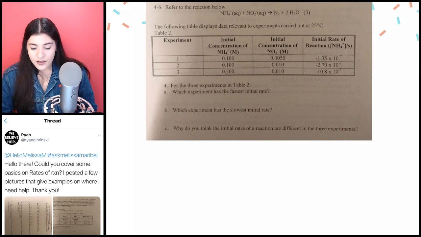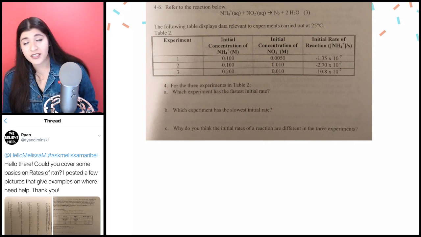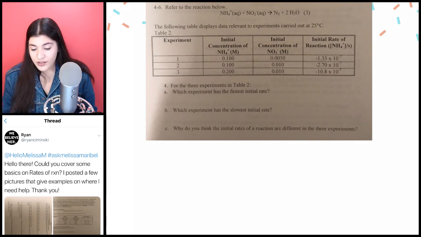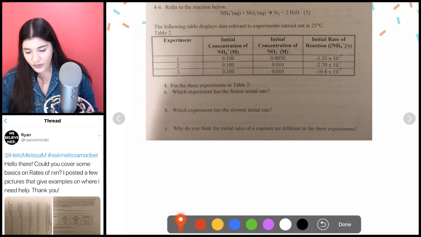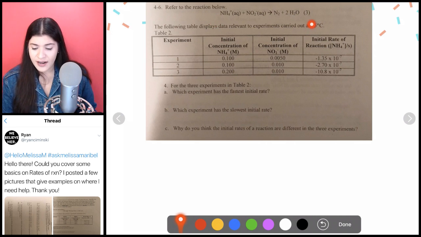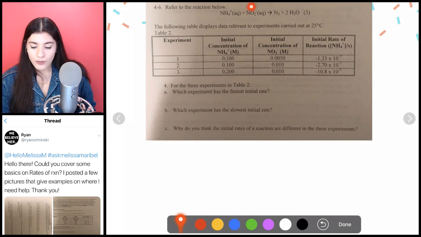Essentially, the first part of this question, they're asking you to just look at the rates, which one's fastest, which one's slowest, and so on. By the rates, I'm really just looking at these initial rates overall. And you're given this balanced equation, right? So you're given this reaction, and you're always going to be looking at your reactants.